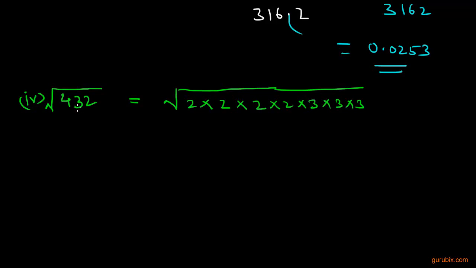If we factorize this 432, we get 2 into 2 into 2 into 2, this means 4 times, and 3 into 3 into 3, this means 3 times.